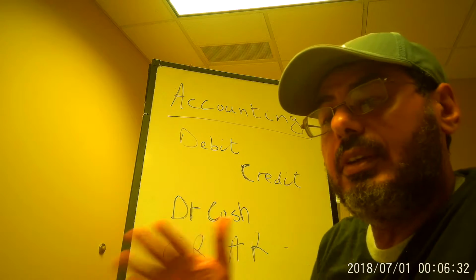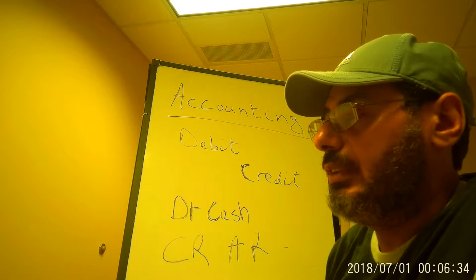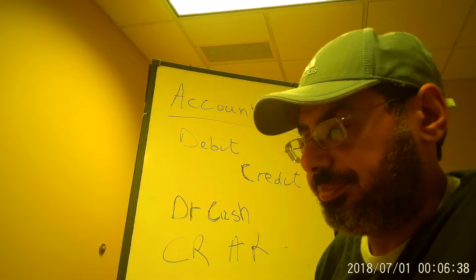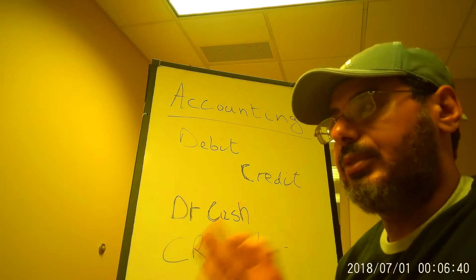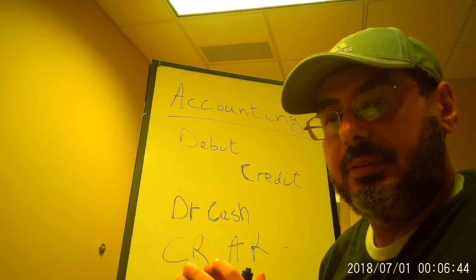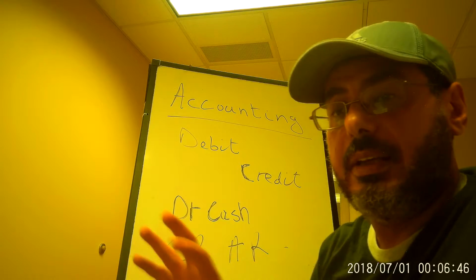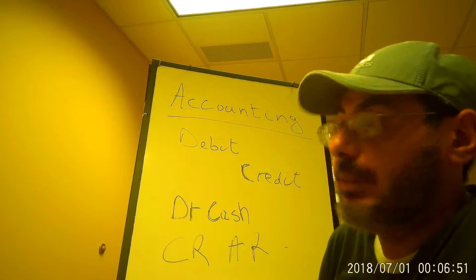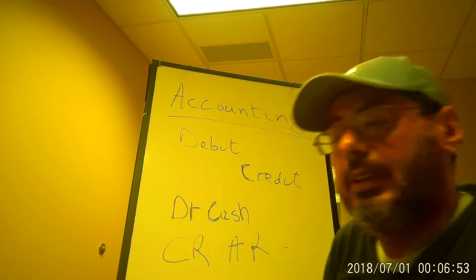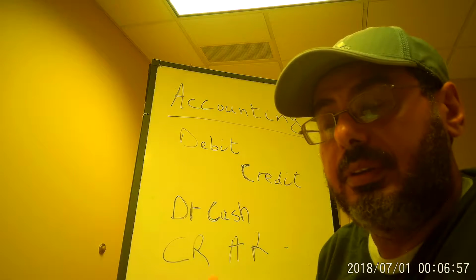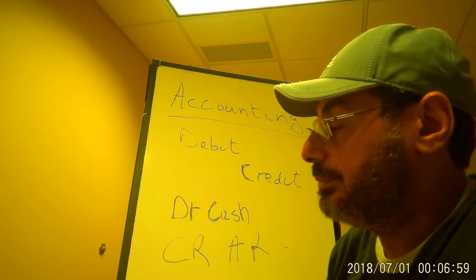We're going to talk more about the financial statements, but the first financial statement that shows you the accounting in a period of time is the income statement, or profit and loss. Some people call it profit and loss, or P&L.